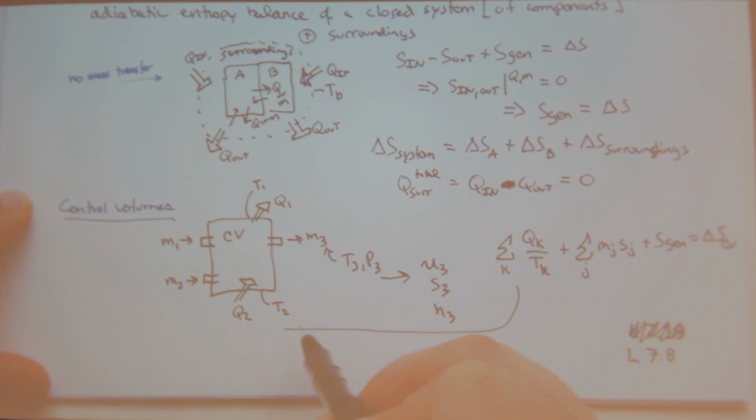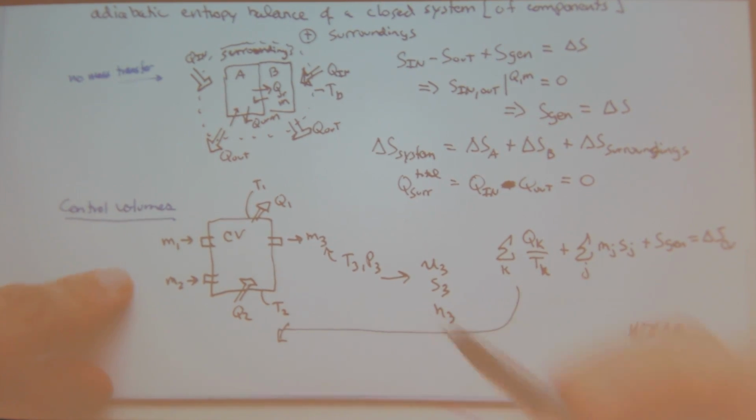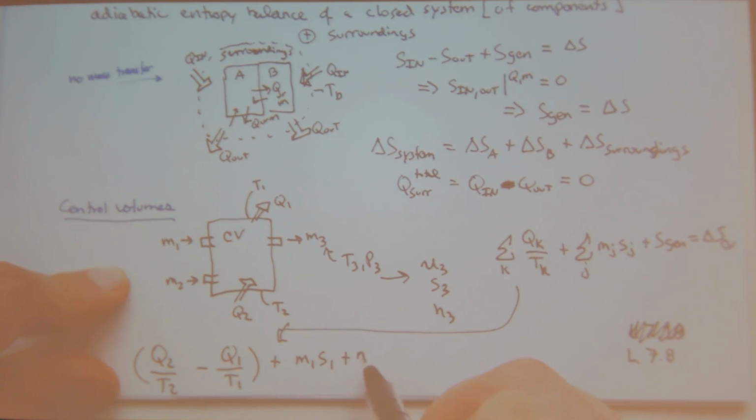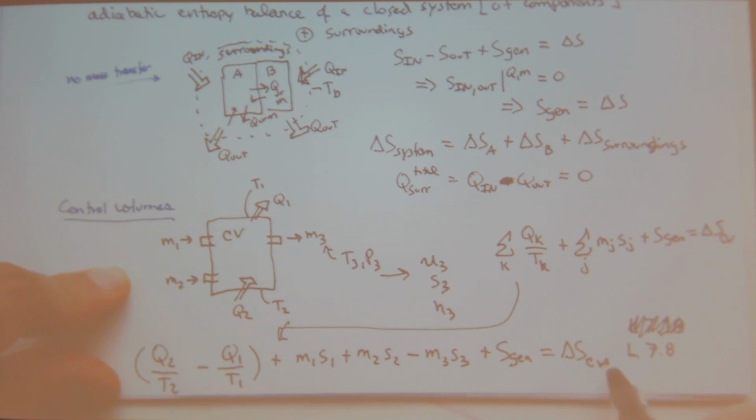So this equation breaks down to Q1 over T1, plus Q2 over T2, plus M1 S1 plus M2 S2 minus M3 S3, plus S gen equals delta S of my control volume.